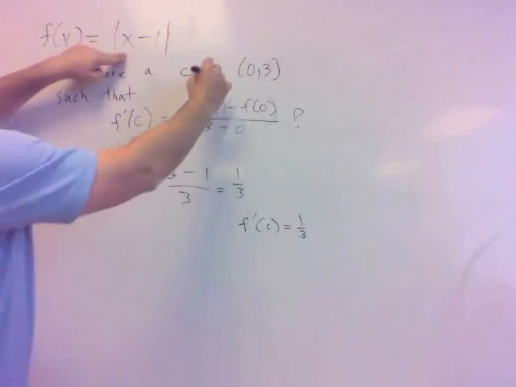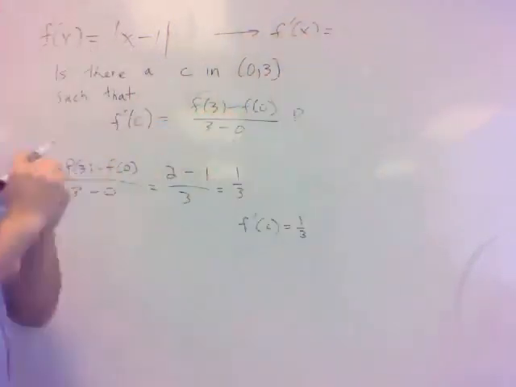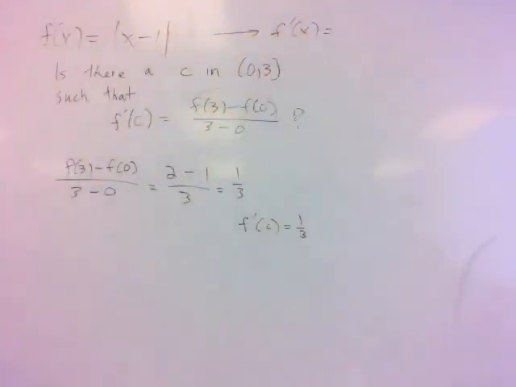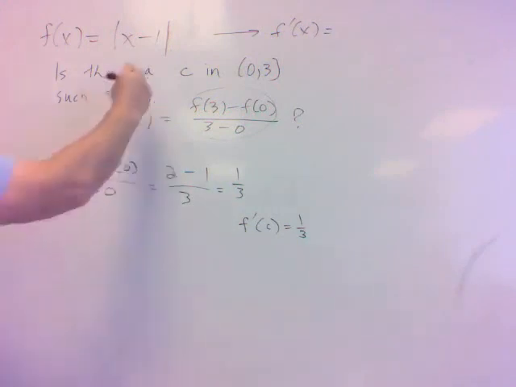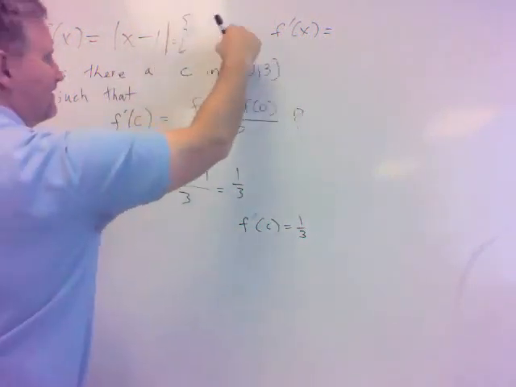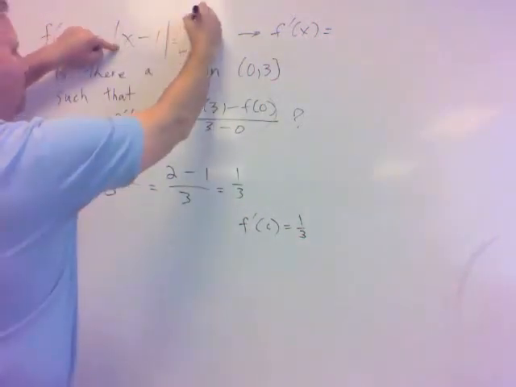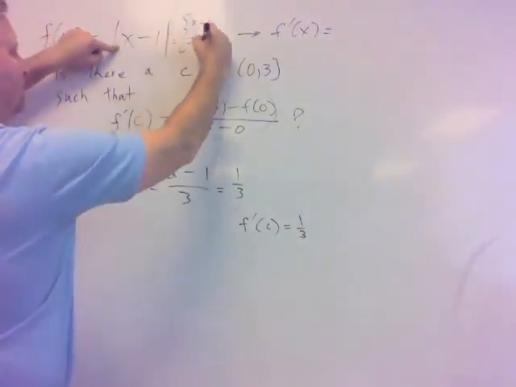What is f prime here? Remember how we did those? Remember how we did the absolute value derivatives? The piecewise? We did x minus 1 and then minus x minus 1.